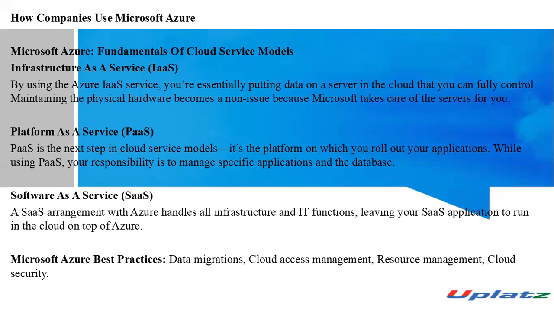While using platform as a service, your responsibility is to manage specific applications and the database, while Microsoft takes care of all other services required to run your application, including the middleware, operating system, virtual machines, servers, storage, and networking.